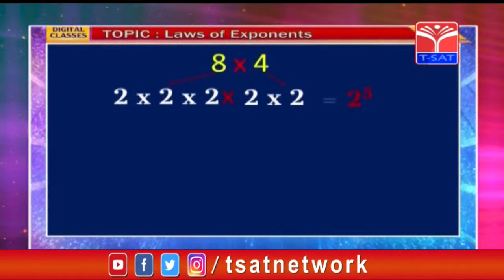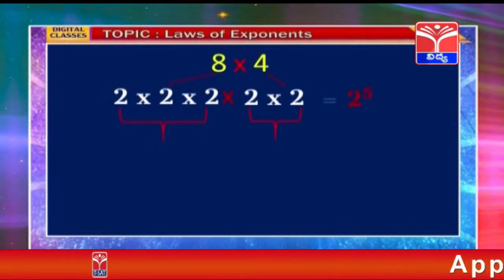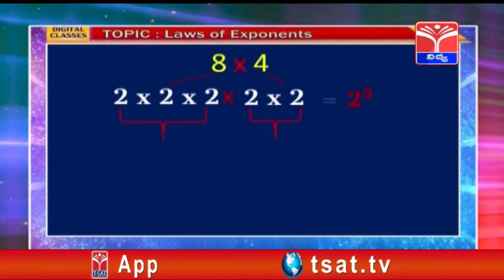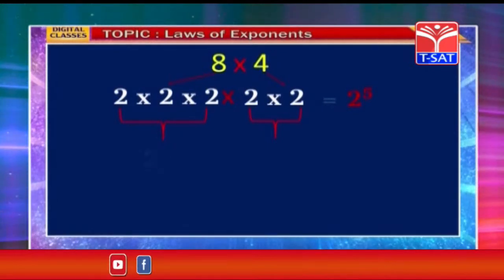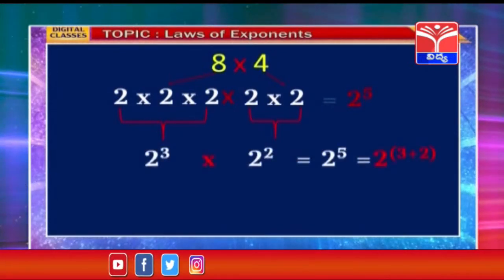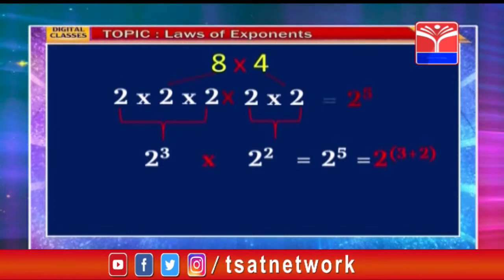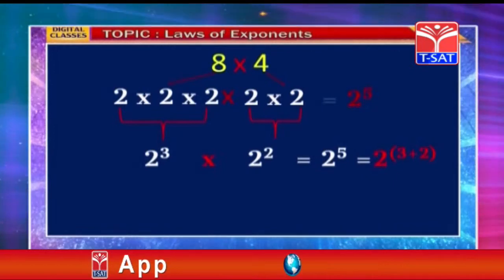So we can write 2 to the power of 5. Now we group like this: 3 2's and 2 2's. 2 into 2 into 2 can be written as 2 to the power of 3, and 2 into 2 can be written as 2 to the power of 2. Now when you look at the RHS, it is 2 to the power of 5.